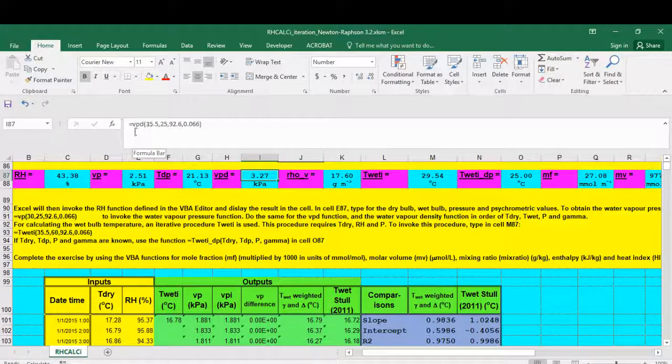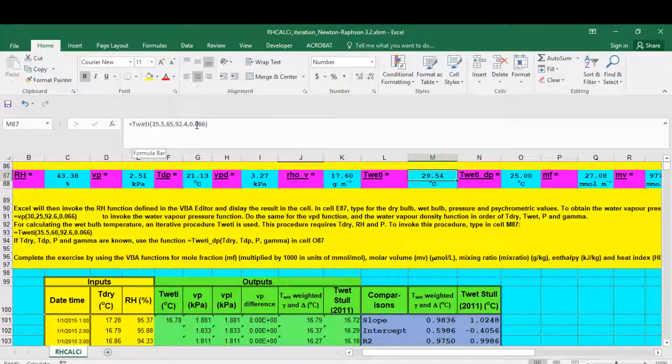Vapor pressure deficit, VPD as the function, dry bulb, wet bulb, atmospheric pressure, psychrometric constant. Density of water vapor in grams per cubic meter, dry bulb, wet bulb, atmospheric pressure, psychrometric constant.